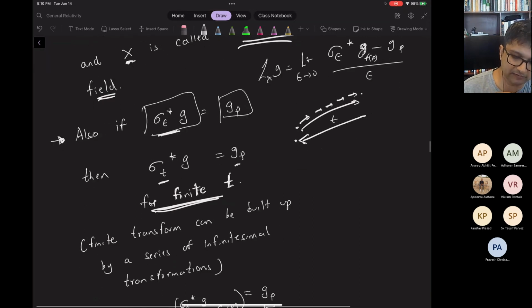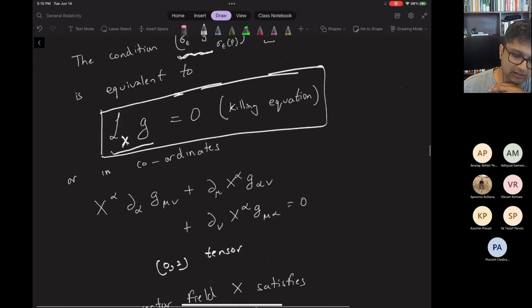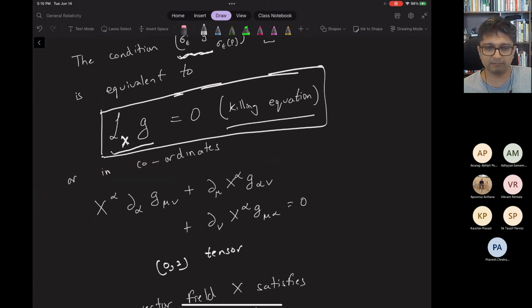So if the Lie derivative is 0 everywhere in the manifold, then we say that X is a Killing vector field. This equation defines something called the Killing equation. It's quite elegant and very simple to understand now.